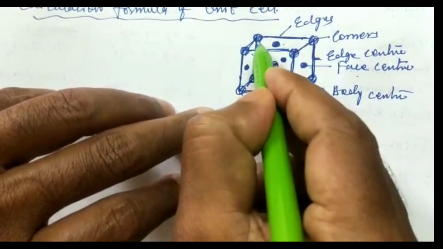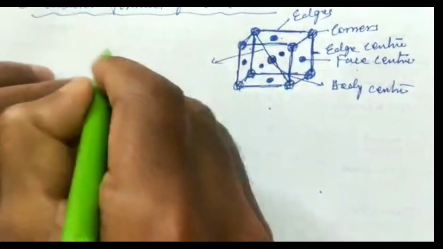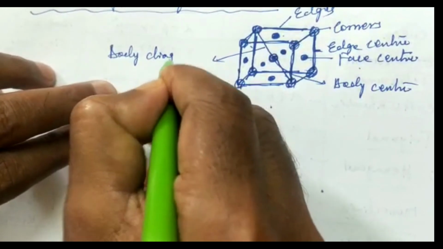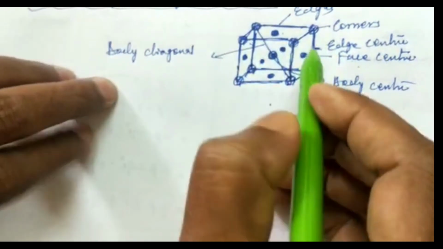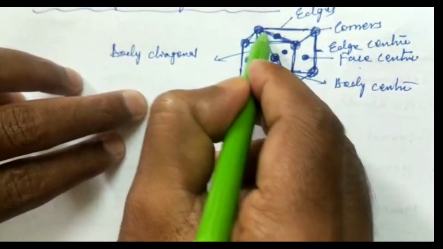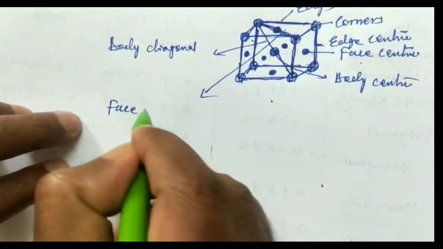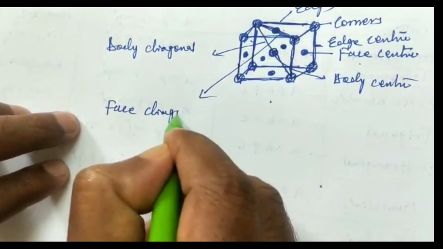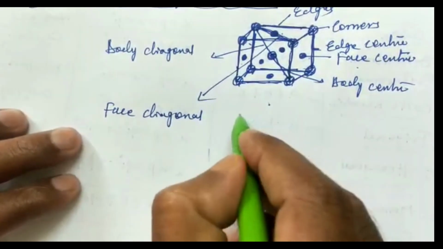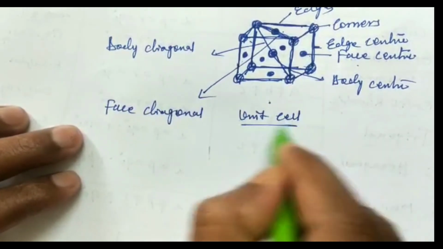This is the body diagonal. This is the face diagonal. Yes, this is the unit cell with its different parts.